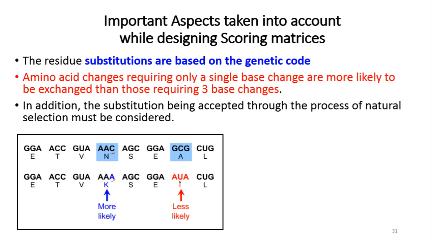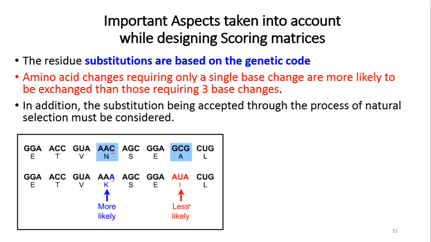It is highly unlikely that all three nucleotides in your codon would mutate at the same time at the same place, because mutations are random, right? So such a substitution is very unlikely to happen.